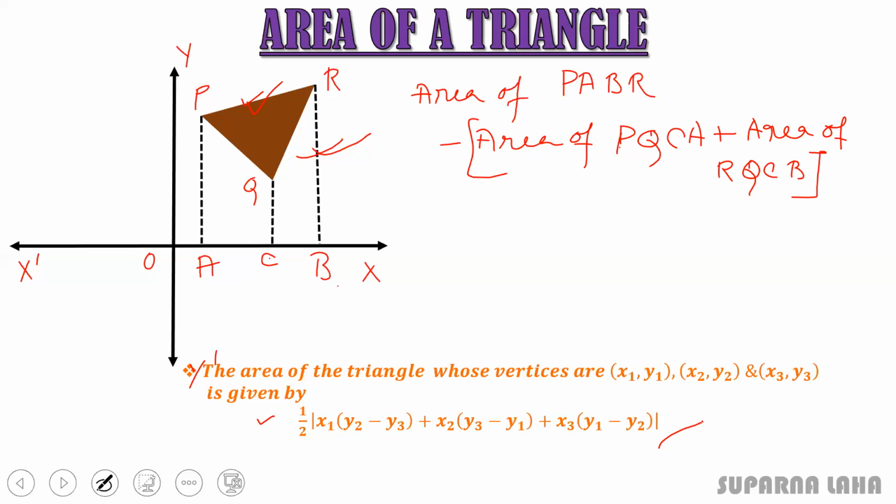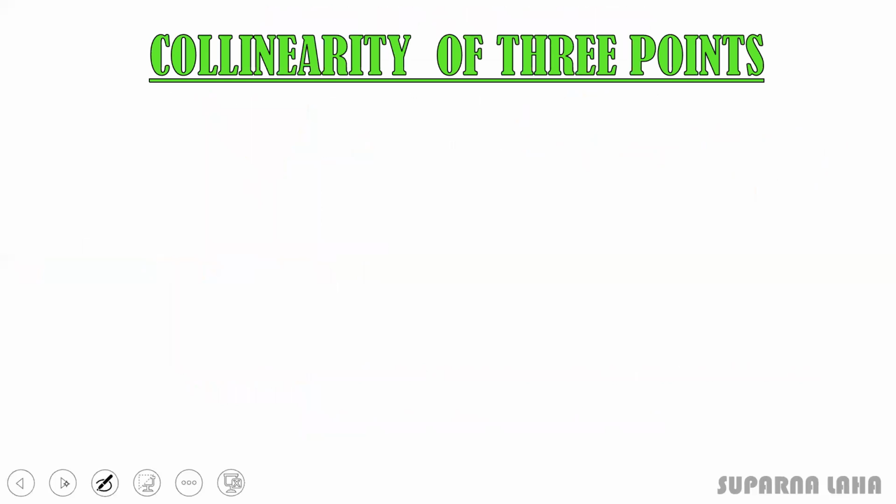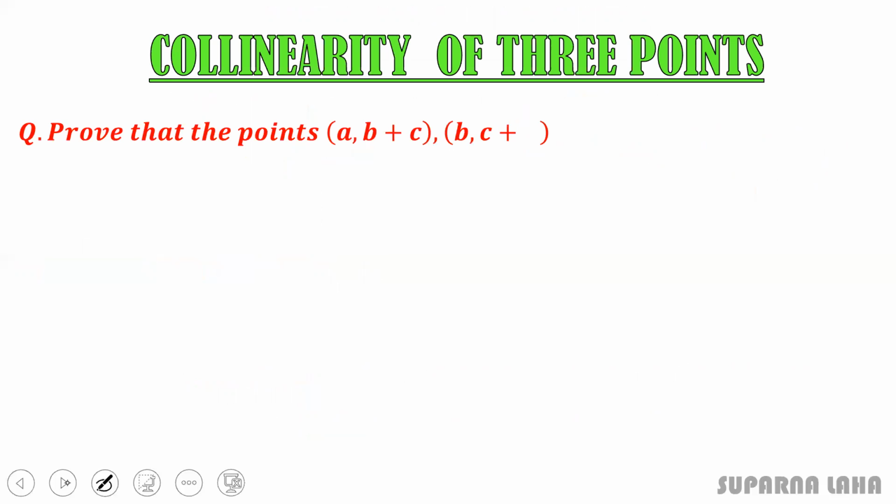Now if this area of the triangle is 0, then we will say that the points are collinear. So let's take one example. Here 3 points are given. You need to show that they are collinear. Now how to show that the points are collinear? A comma B plus C, first point. B comma C plus A, second point.